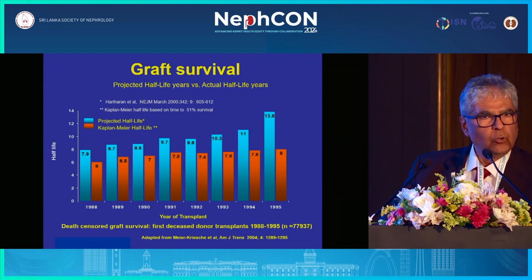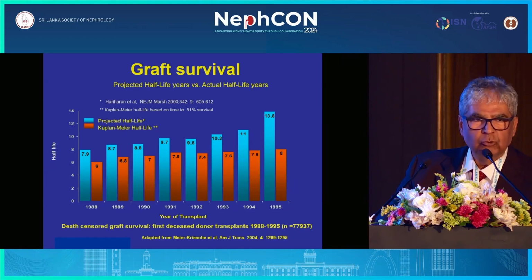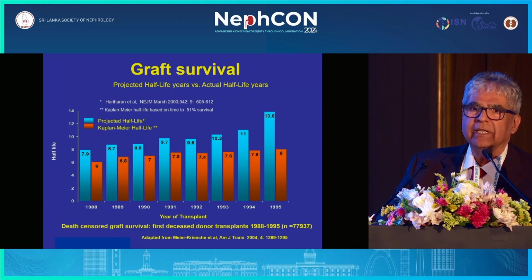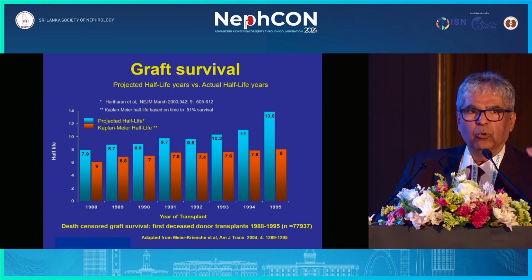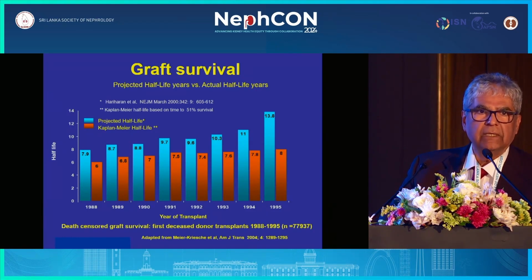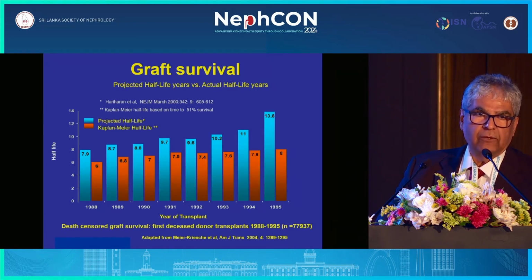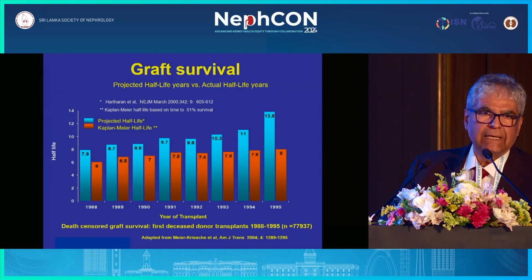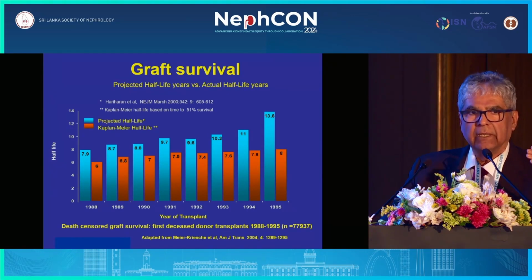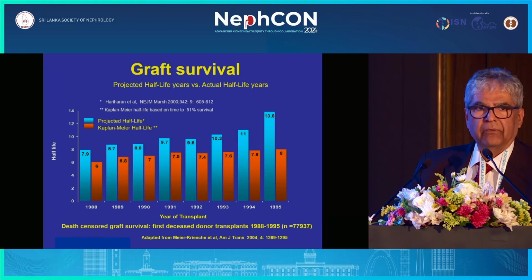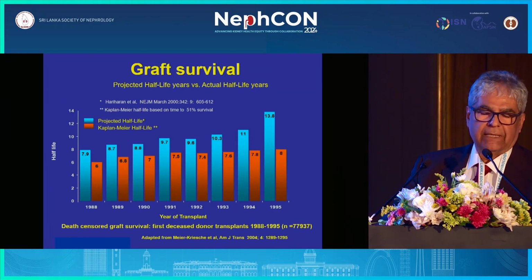The graft survival was so poor that they used to measure it as graft functioning on discharge. Post-cyclosporin, we started measuring long-term graft survival. So we owe it to cyclosporin that this sort of data started coming, and they started looking at graft survival not only after discharge, but at 1 year, 5 years, 10 years.